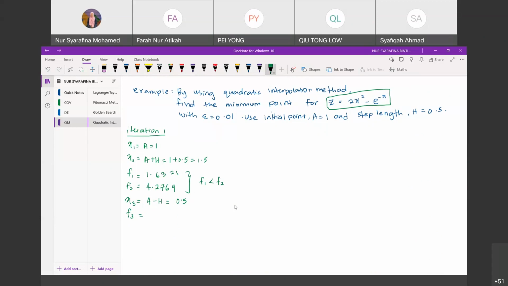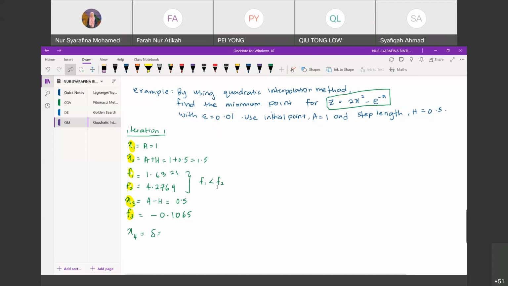All right, what is your f3? So minus 0.1065. So that is your f3 and your x3. Once you obtain all x1, x2, x3, f1, f2, f3, then you need to find x4 by using delta.